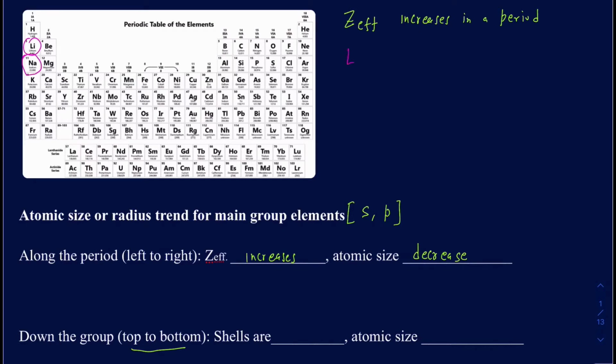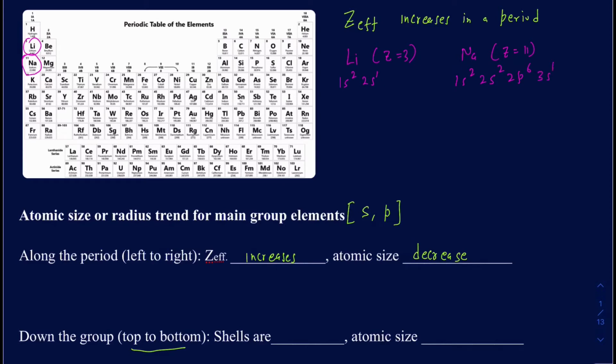Lithium has atomic number 3, and its electronic configuration is 1s2, 2s1. For sodium, the atomic number is 11, which gives the electronic configuration of 1s2, 2s2, 2p6, and 3s1.